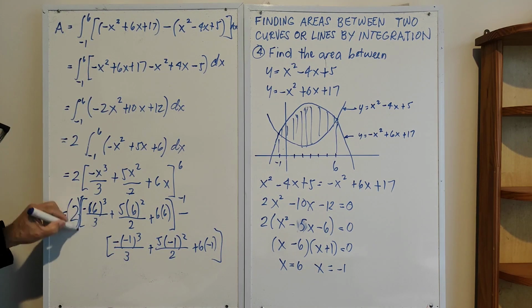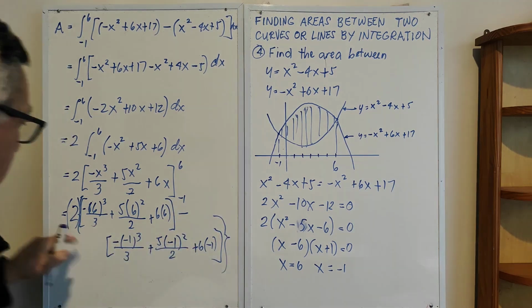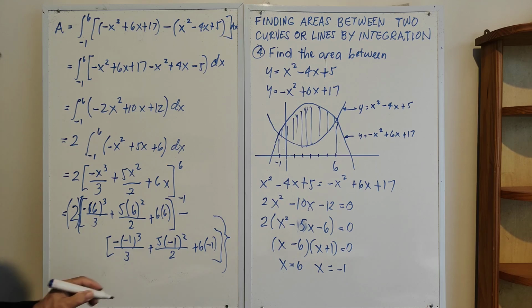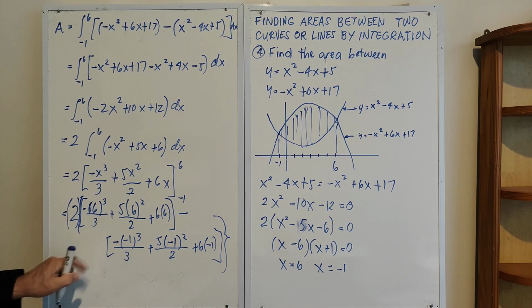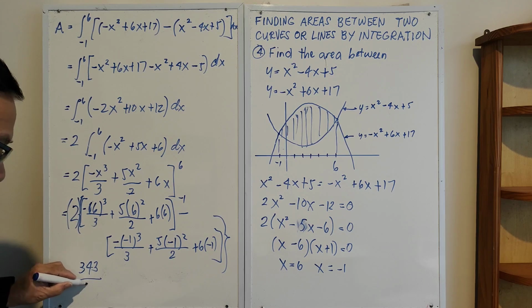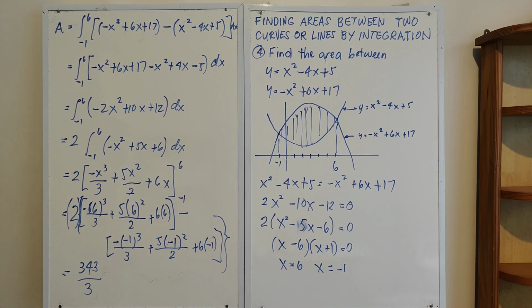It should probably have a big bracket. After we finish, we add the 2. To make the long story short, if you add all of those, your area would be 343 over 3.